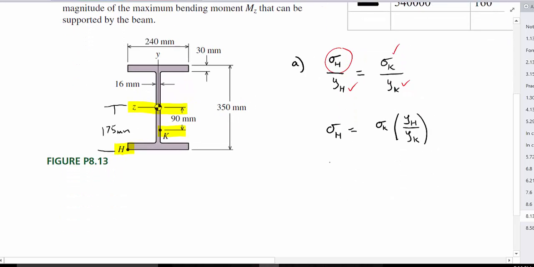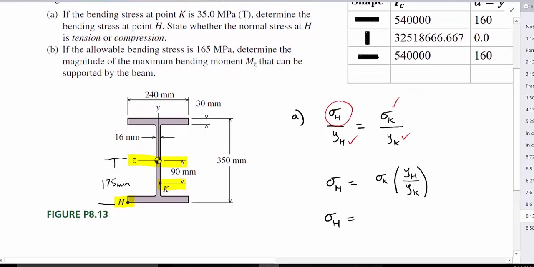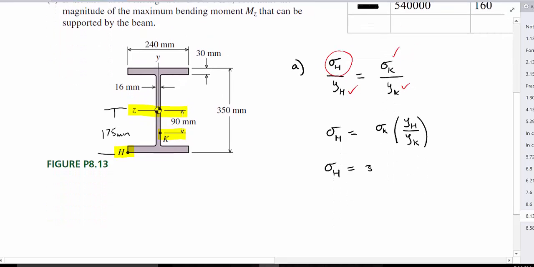Okay, so sigma sub h equals the given value, sigma sub K, which was 35 megapascals in tension. From our neutral axis, both values are going down, so there'll be a negative: negative 175 millimeters divided by negative 90 millimeters.